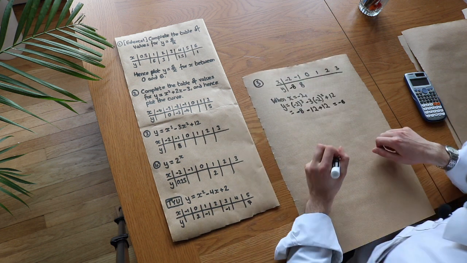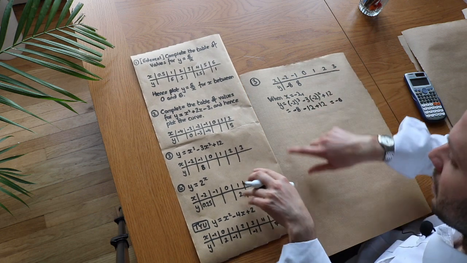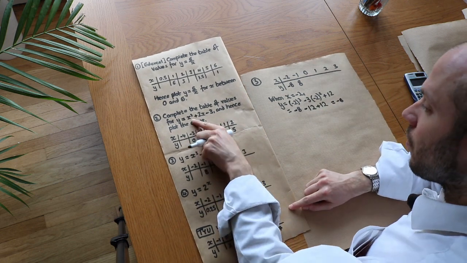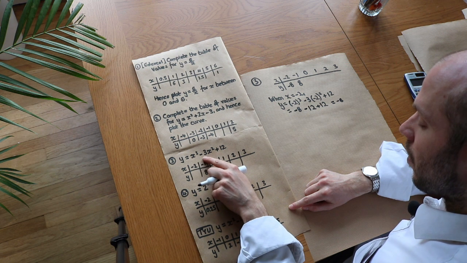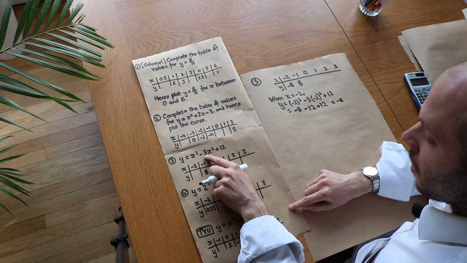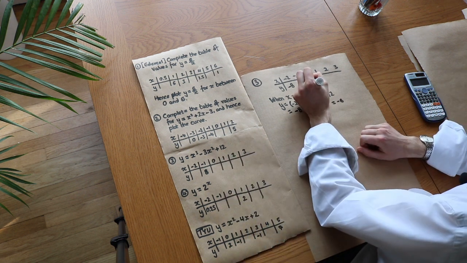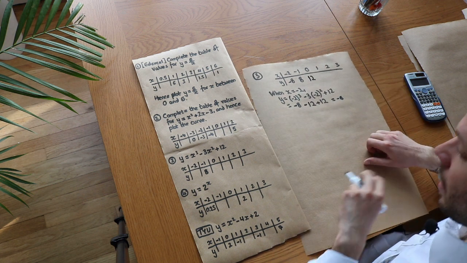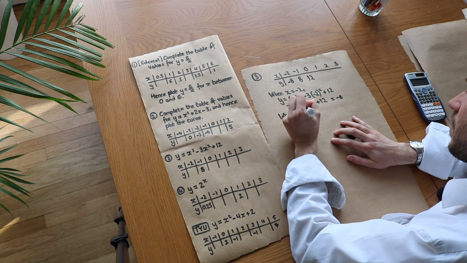Now it gets easier because these are all positive, and putting 0 in is generally quite easy. So if we've got 0 cubed, 0 cubed is 0. 3 times 0 squared is still 0, and then we're plussing 12, so that's just going to be 12. What about 1? I'm just going to do my working this time, because this one is hard to do in your head.